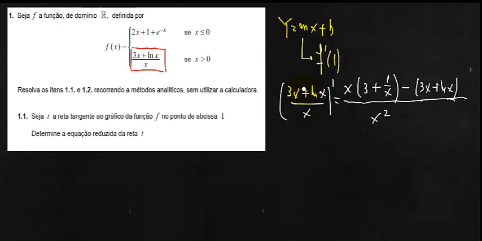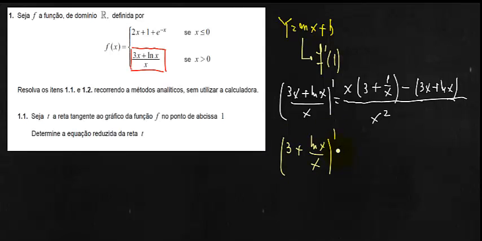You see, sometimes we must put an eye, a very well done eye, on the expression. And if I take the distributive property, I can get 3 plus logarithm of x over x, and the derivative will be easier to calculate.